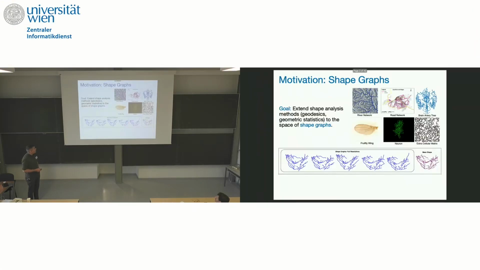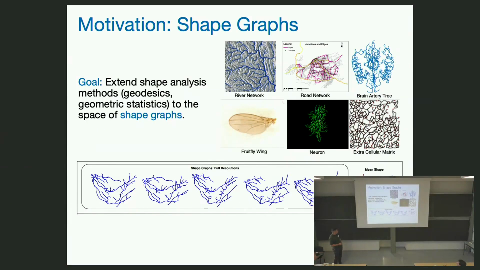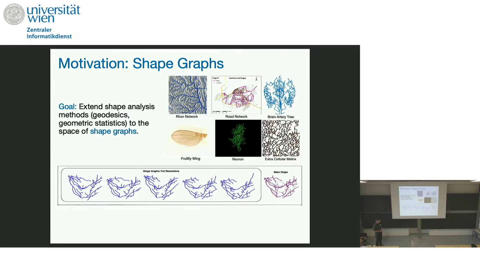talk. Okay, so as motivation from shape analysis, the goal is to extend shape analysis methods. By this, I mean computing geodesics between shapes, doing geometric statistics by pulling things back to tangent spaces, computing Fréchet means, all of that stuff, to the setting of shape graphs. By that, I mean basically embedded graphs whose edges have shapes associated to them.